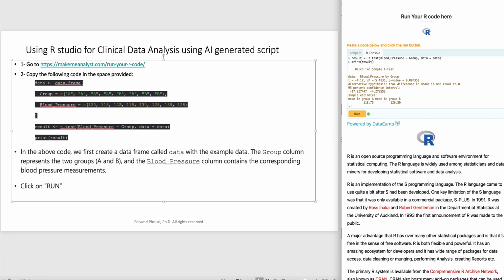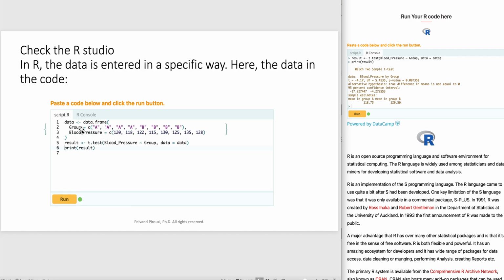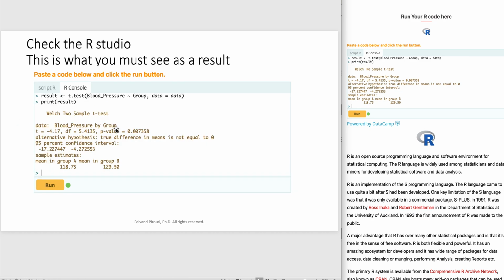So now what happens here is that, after adding the code, running the code, and checking that this is the right data, and then having the results, we are now going to understand exactly what we have done and what the meanings of all of these results are.